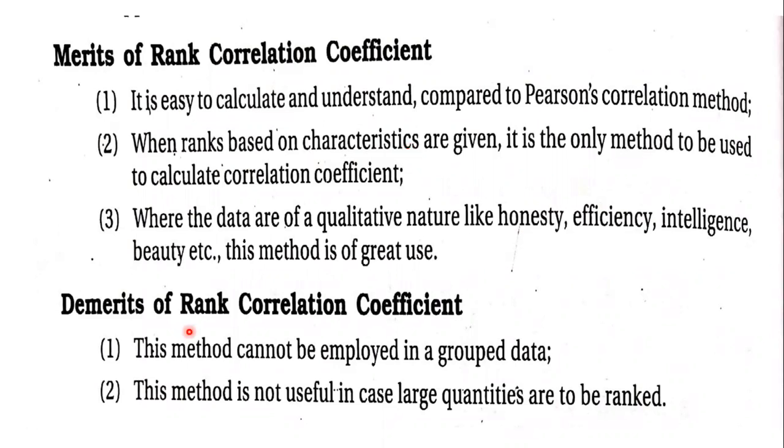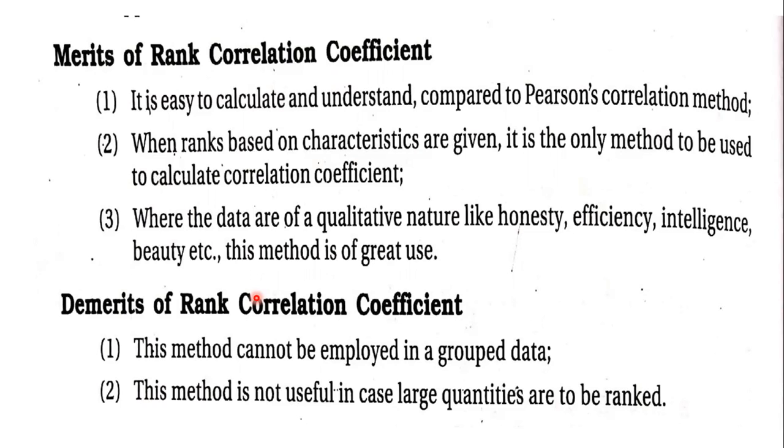Then the demerits of rank correlation. This method cannot be employed for group data. If I get very sophisticated and large data, I cannot apply rank correlation. This method is not useful if large quantities are to be ranked.